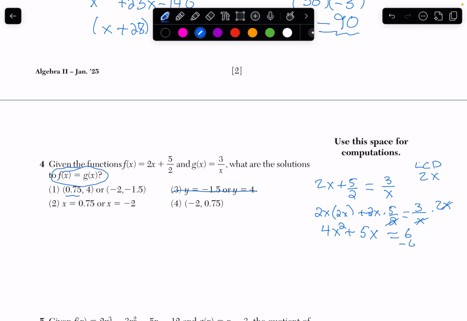So then, to solve a quadratic, you have to make it equal to 0. 4x squared plus 5x minus 6 is equal to 0. You do a quick rainbow, right? Multiply to be negative 30, and add up to be 5.